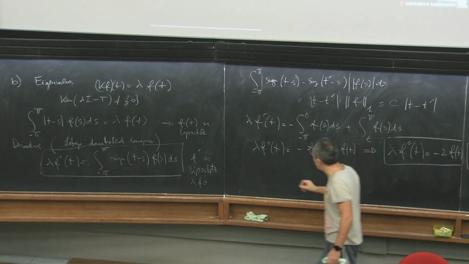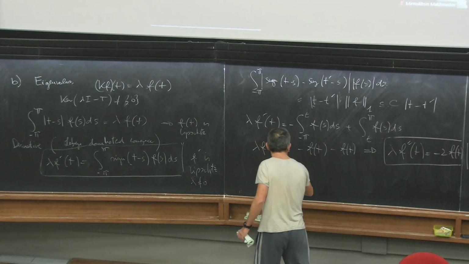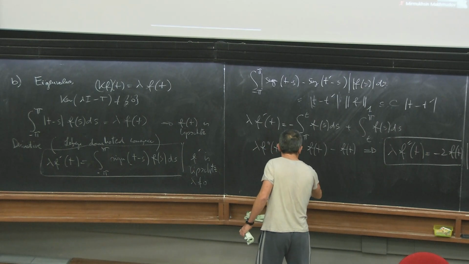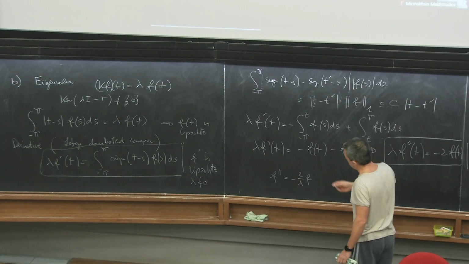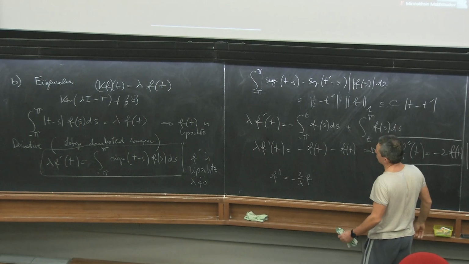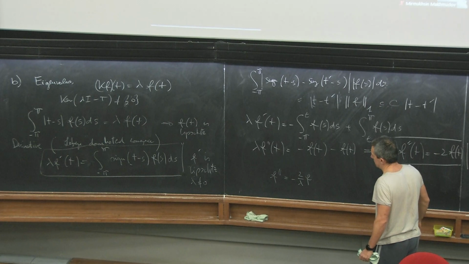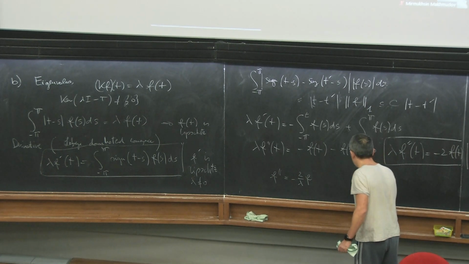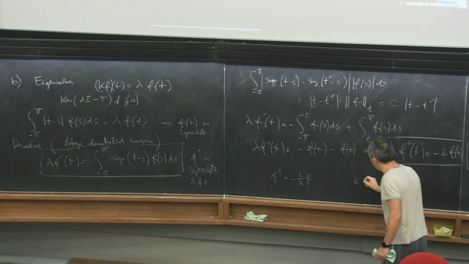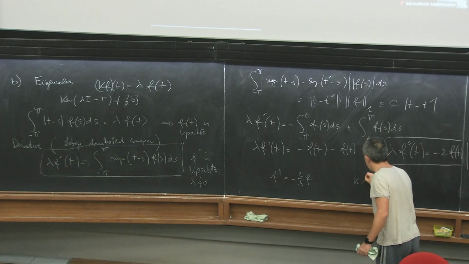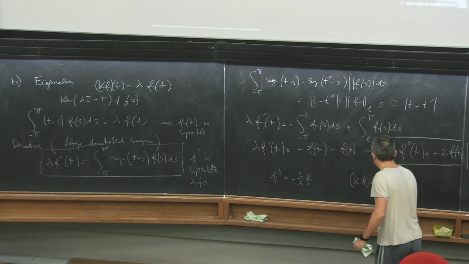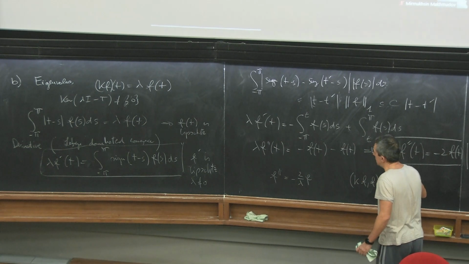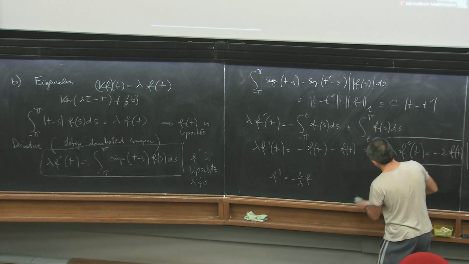So this is f second minus 2 over lambda f, and now there are two cases. But this is certainly a positive operator. So K is greater or equal than 0 simply because in the base Kf equals lambda f. Well, okay, let's keep it like this.